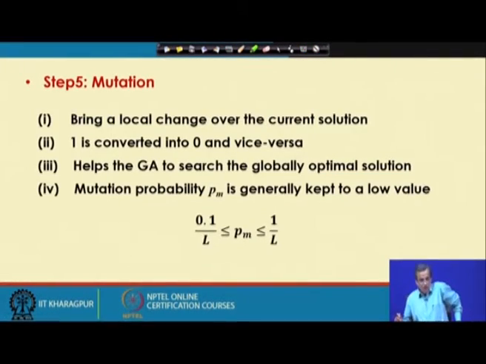Now, how to select the probability of mutation. Here the probability of mutation plays a great role. If the PM, that is the probability of mutation, is selected to be a very low value, the very purpose of using the mutation may not be served.